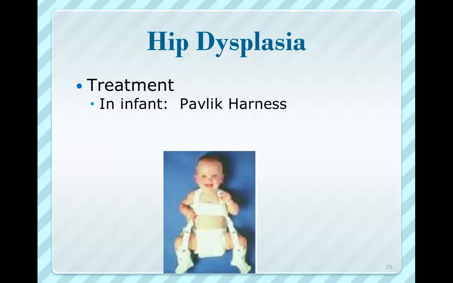Clothing is somewhat restricted. Onesies work fine, but most of your longer outfits won't work at all unless you take the harness off and put it on, and that means each time you change the diaper you have to remove the harness. That's not good. They wear the harness 23 hours a day.